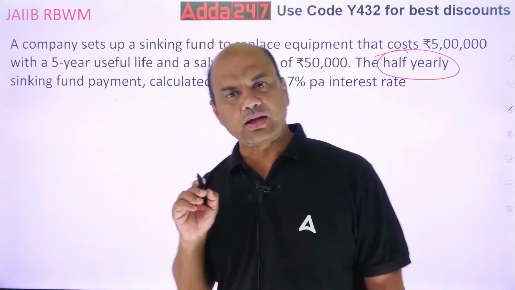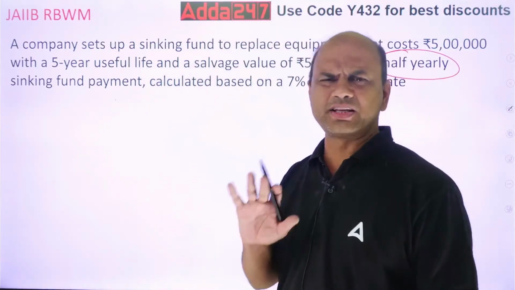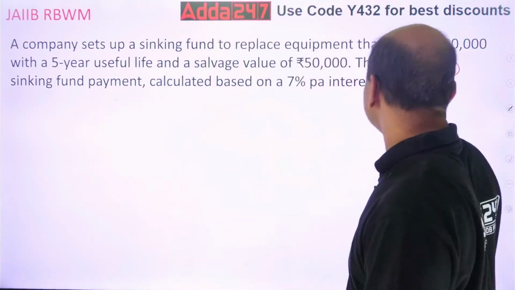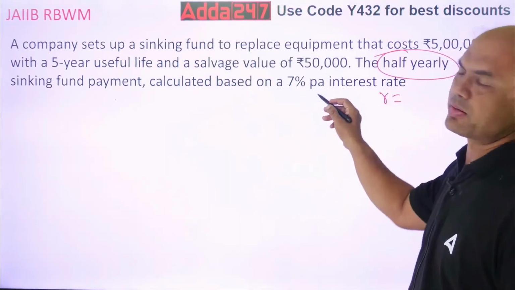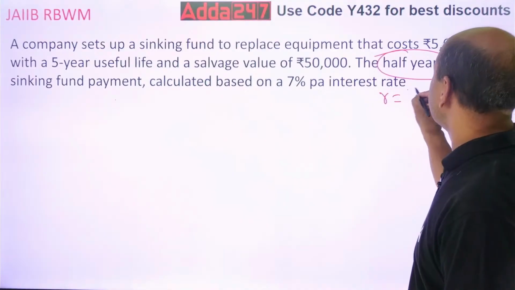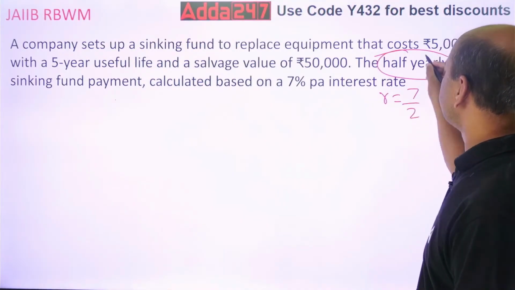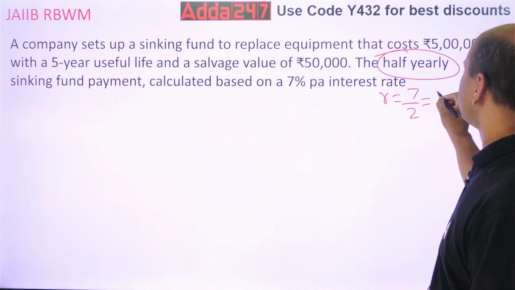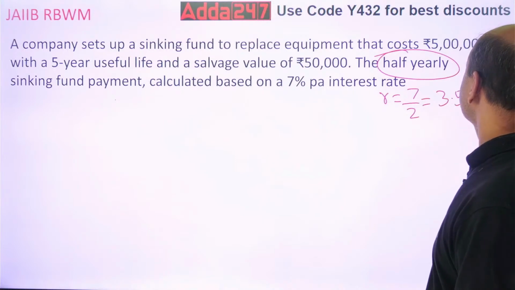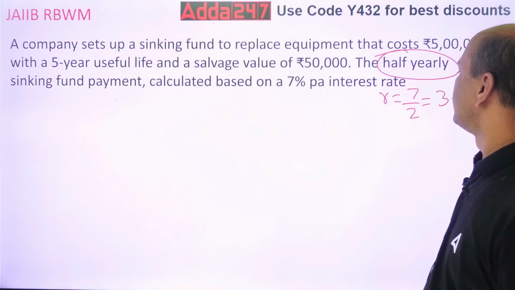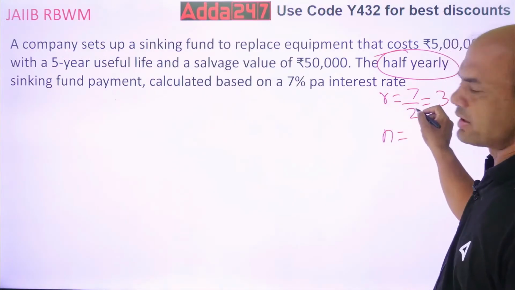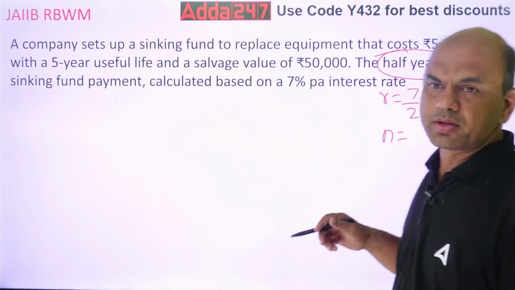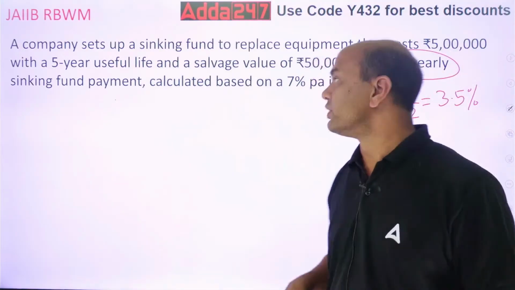Whenever you are doing anything half-yearly, the formula is the same. Only R equals whatever is given divided by 2. So 7 upon 2, half yearly, 3.5%. N is multiplied by 2. Whatever number you divide R by, the same number you multiply N by.